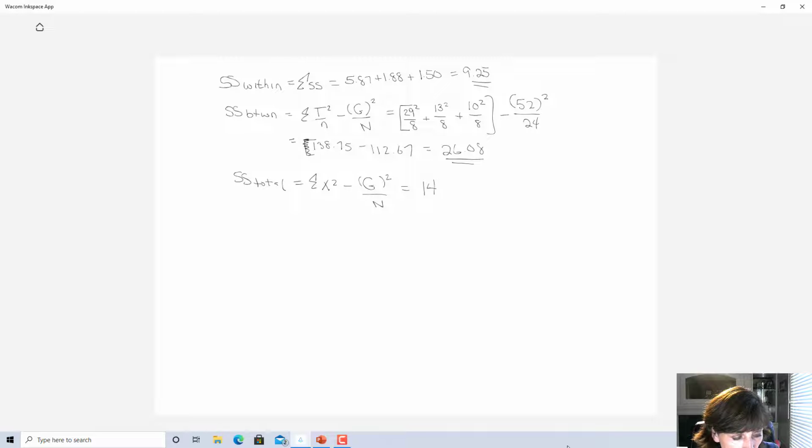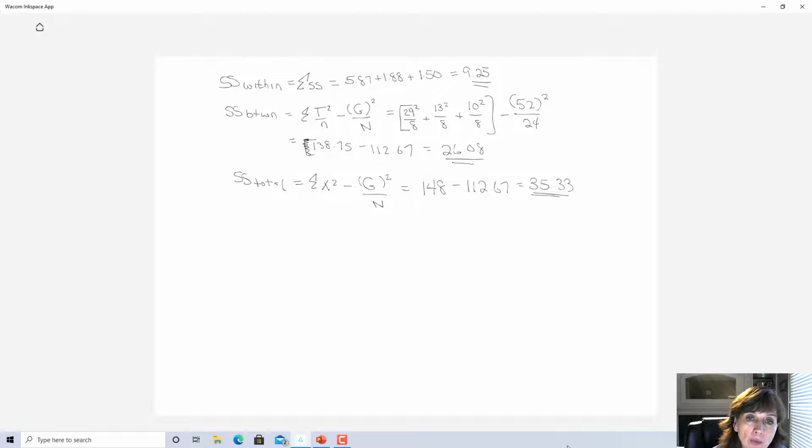So sigma X squared is 148 minus my G squared, which is 52 squared divided by 24. And when we calculated that before, we got 112.67. So that's 35.33 for our sum of squares total. So what we've done so far, we've calculated three different sums of squares: sum of squares within, which is 9.25, sum of squares between, 26.08, and sum of squares total, which is 35.33.